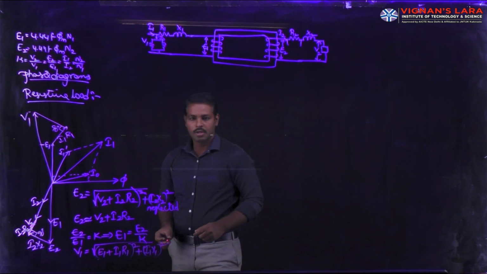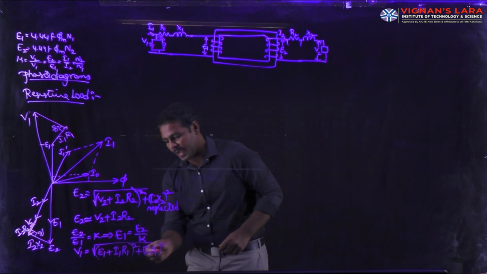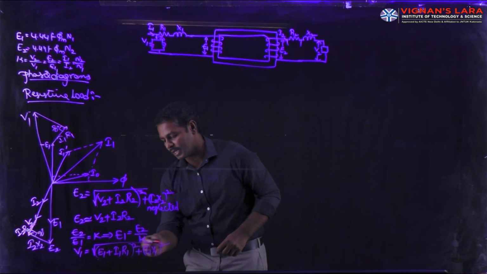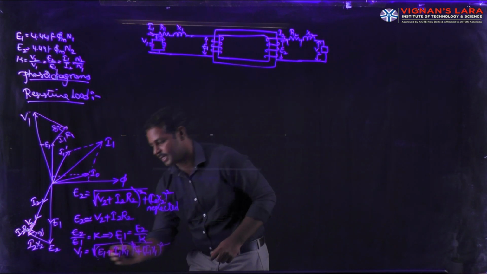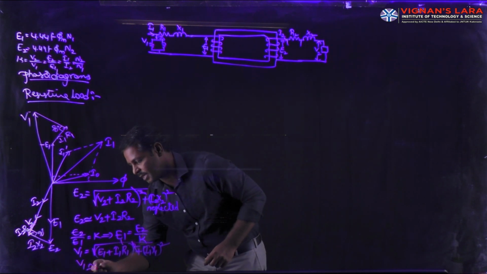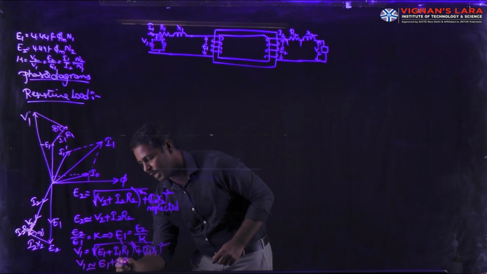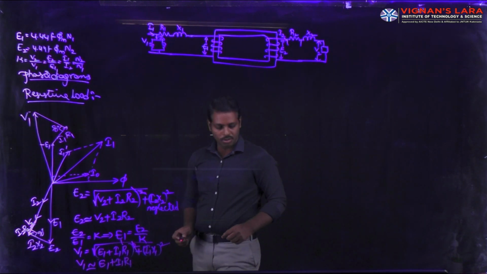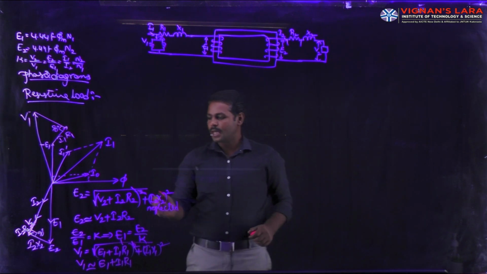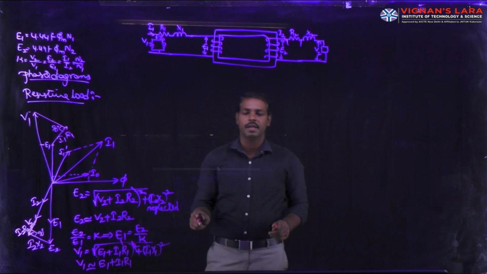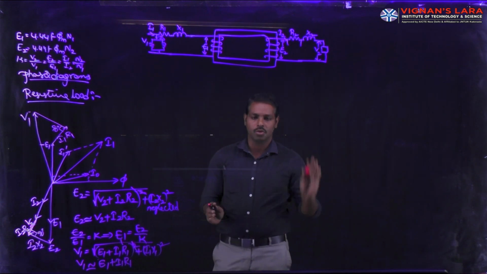Similarly, the magnitude of (I1 X1) whole square is very small compared to the previous term, so we neglect it. The square and root get cancelled, and V1 is approximately equal to E1 plus I1 into R1. So these are the equations of a transformer which operates on resistive loads.